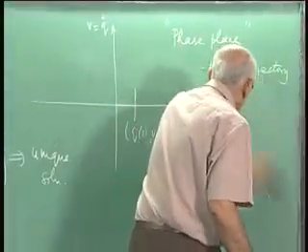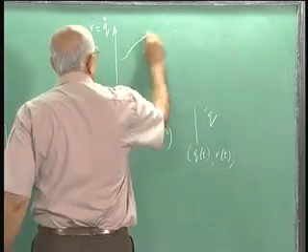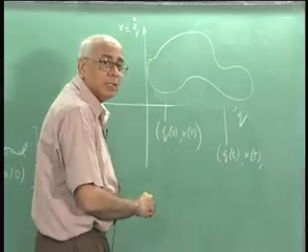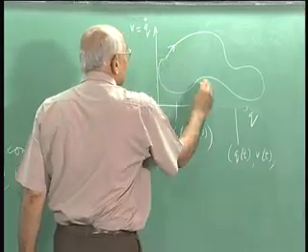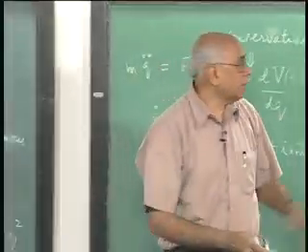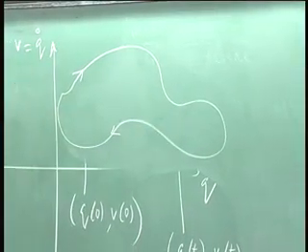Is it possible that this system does the following? It starts at some point, it goes along and comes back to its initial point. Is this possible? This is eminently possible, because once it reaches this point, it has no choice but to retrace what it did earlier and comes right back.